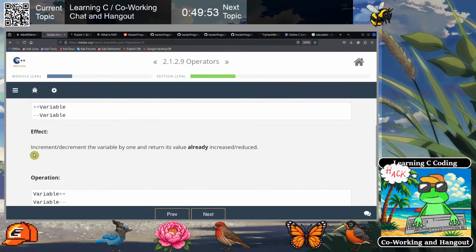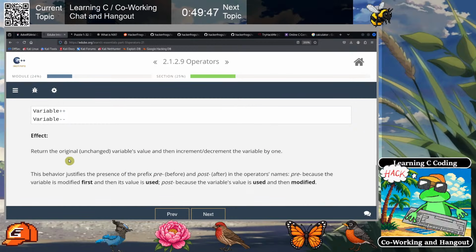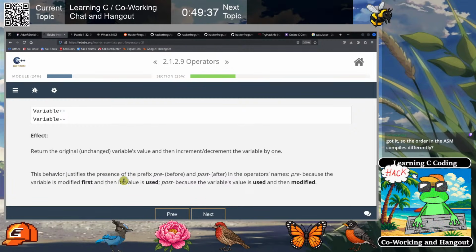Okay, so subtract first and then return the value. And then this one is return the value and then subtract or add. This behavior justifies the presence of the prefix pre before and the post after in the operators' names.